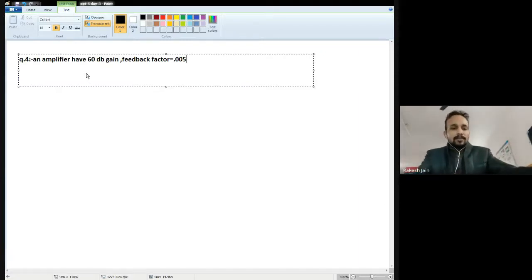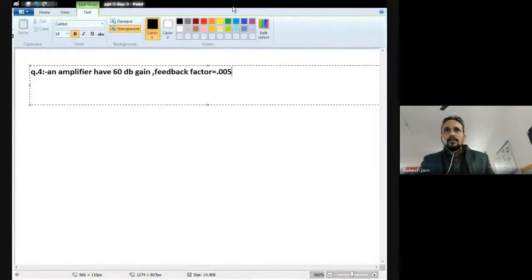So internal amplifier gain reduction is 12%. An amplifier having a gain of 60 dB, feedback factor is 0.005.